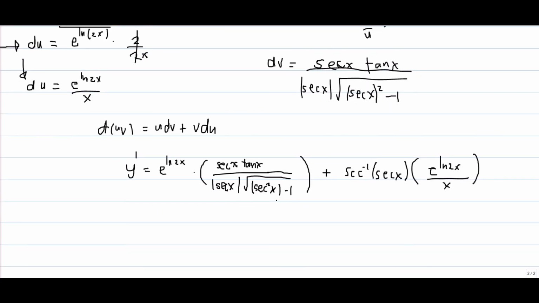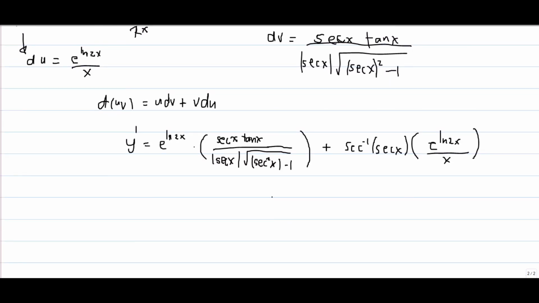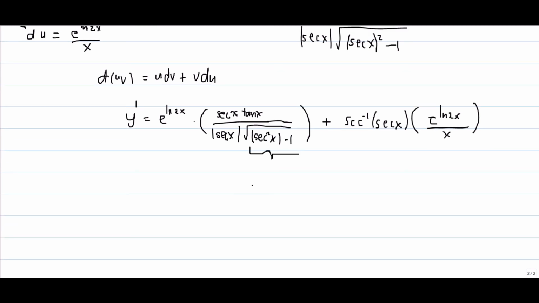Okay, so in this case we must simplify. Take note that in trigonometric identities, tan squared theta is equal to secant squared theta minus 1.